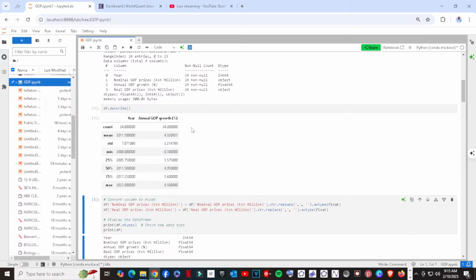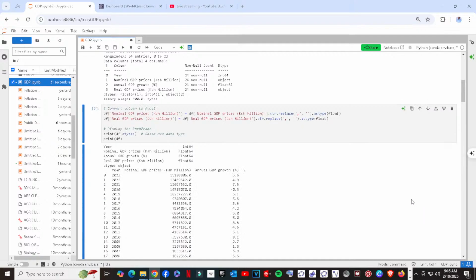The rest are not recognized owing to the strings, the commas that we have. So to get the descriptive statistics for annual GDP growth, real GDP prices, and nominal GDP prices, I first need to convert the columns to float.